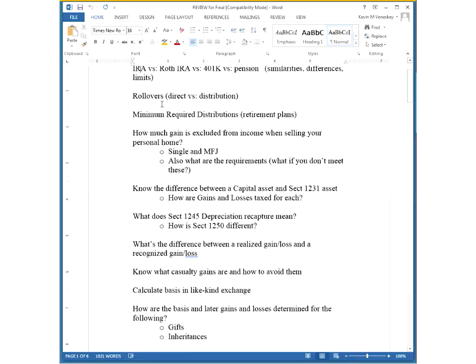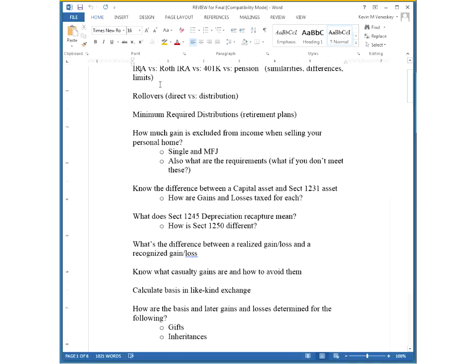Rollovers, how much are you allowed to get? Remember, you're allowed to get 80%. If you had, say, $100,000 in an account and you decided to roll it over, but you took the indirect route, in that you took the money and then you gave it on to another financial institution, they would only give you out of the $100,000, $80,000, and then you would have to come up with the other $20,000 somehow, because to put it back in, you have to put all the money back in, even though you didn't get all the money.